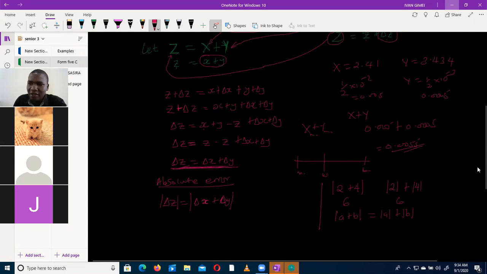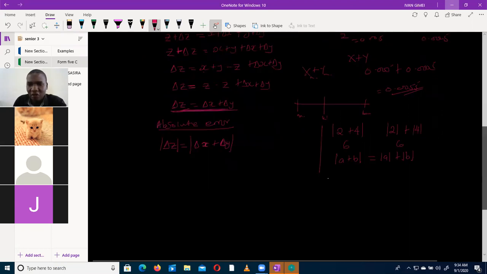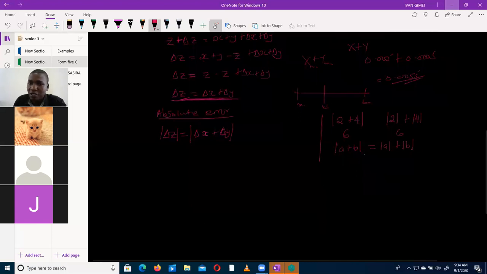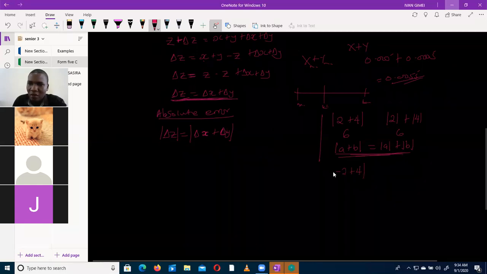But let's try this with negative values and see if it holds. If it holds for negative values, then it means it is true, and we can use this expression. But if it doesn't hold for negative values, then we shall call it off. Let's try it with the modulus of negative 2 plus 4.